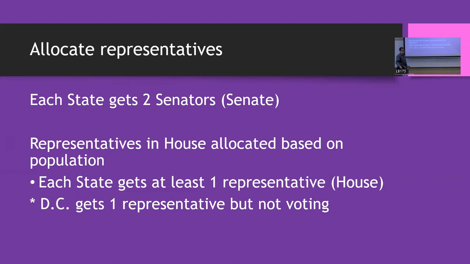Wyoming only has 1 representative. So each state gets at least 1 rep, but they're based on population. The bigger states get more representatives, the smaller states get less. And then each state gets 2 senators.